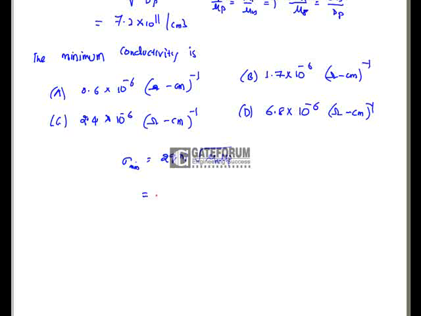If we substitute the given values, then we will get it as 1.7 into 10 power minus 6 ohm centimeter, which is 0.69 into, which is going to be 6.9 into 10 power minus 5 ohm centimeter inverse. So option D is correct.